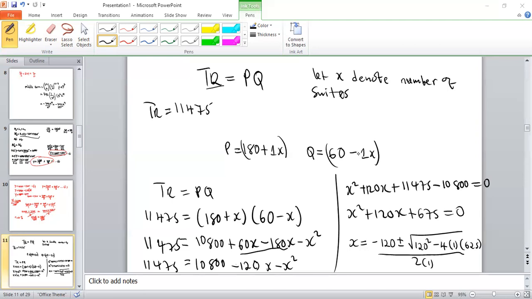Then do the square root of that one. 109. 109.087. And then it was fun.